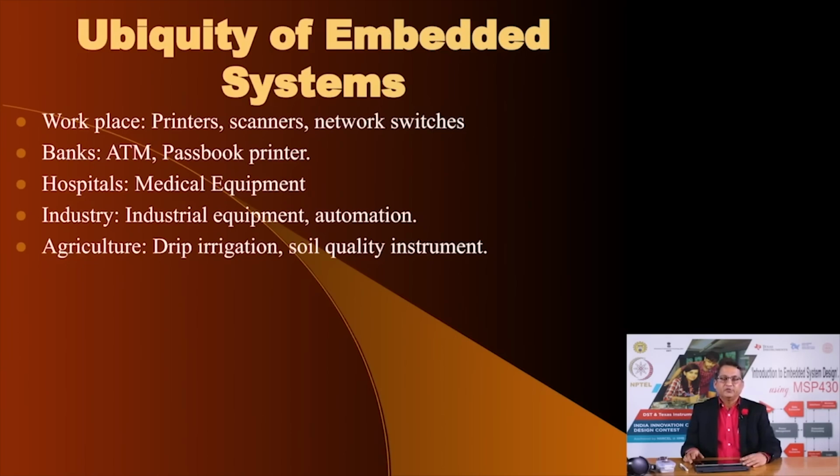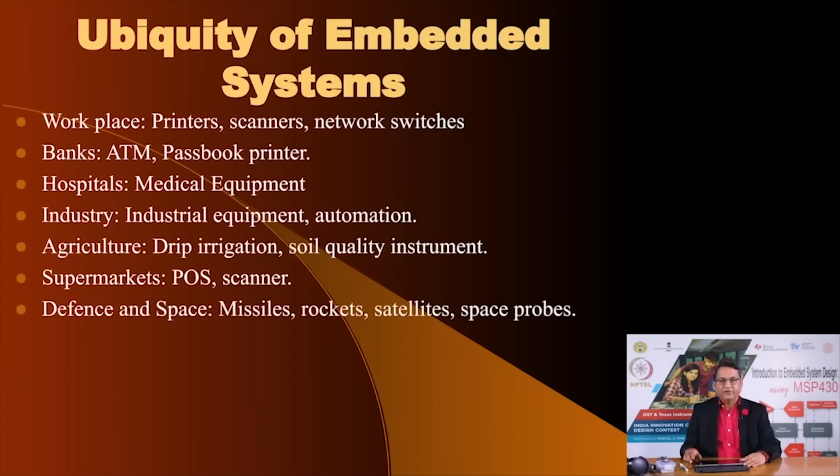In the supermarkets, we have point of sale terminals, we have scanners for scanning the commodities that you buy. We also have defense, and in the area of defense and space, we have missile systems, rockets, satellites, drones. These are all examples of embedded systems. In transport, we have locomotives, metro rails, cars.